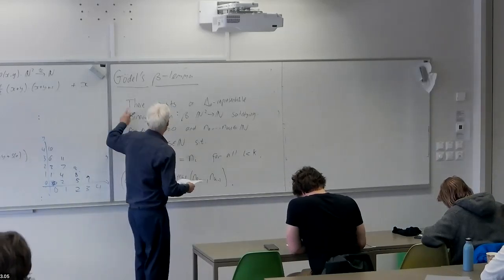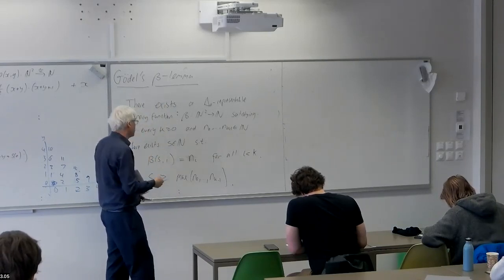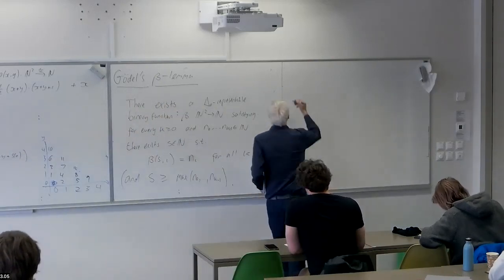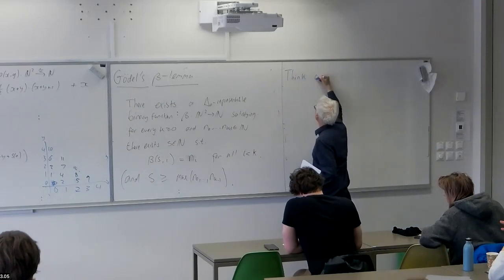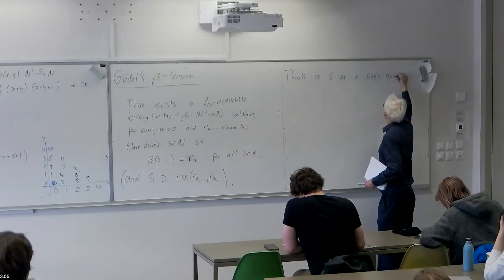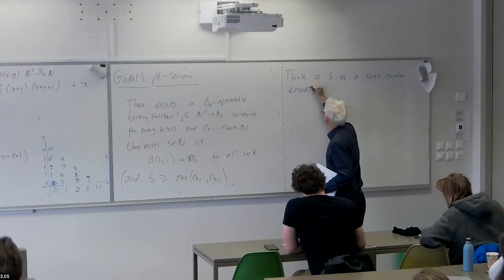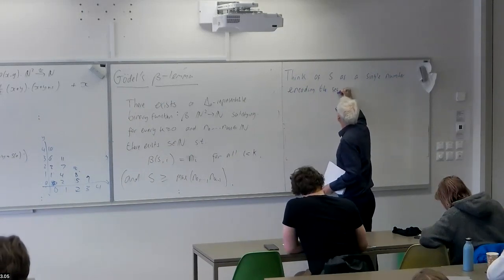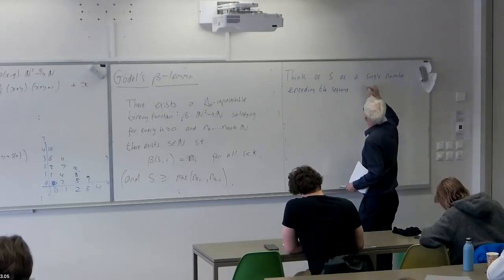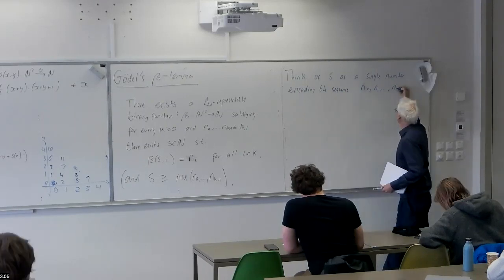Okay, so we think of S as a single number encoding the k tuple. So let me write that down. It's quite useful to have this in the notes. And think of, I've already said it, but think of S as a single number encoding the sequence n0 up to nk minus 1, n0, n1, nk minus 1.